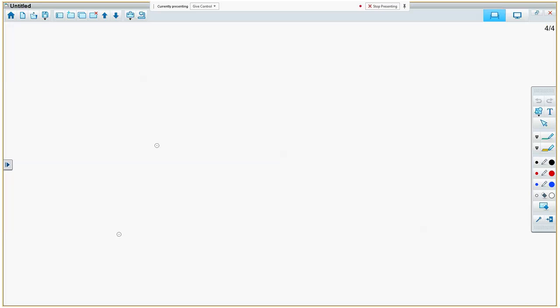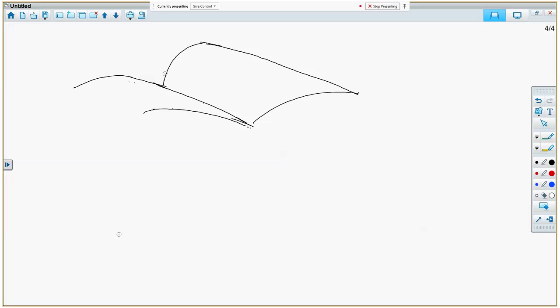A swell is, I'm trying to draw this, okay? It wouldn't be nice if the board would cooperate. Okay, I'm exaggerating a little bit.